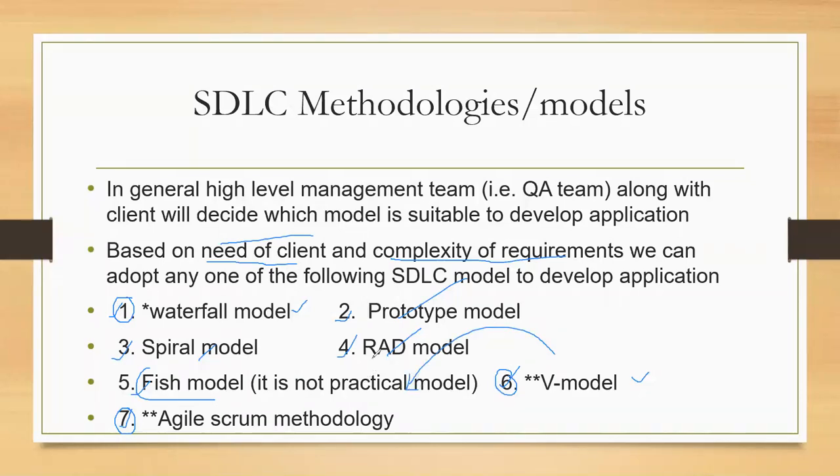But it is not important. No company is going to follow the fish model. So here we are going to discuss the waterfall model and V model, which are important, and in the next session I'm going to explain the agile scrum methodology.